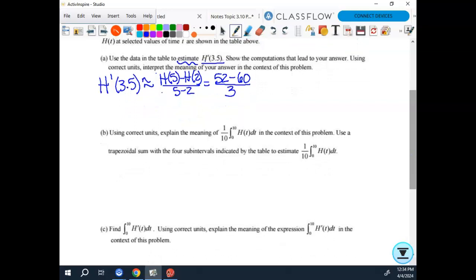And then we can interpret, so it says using the correct units, interpret the meaning, okay? So we can say the temperature of the tea.